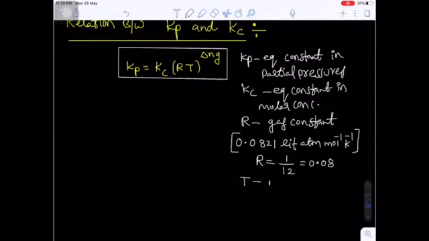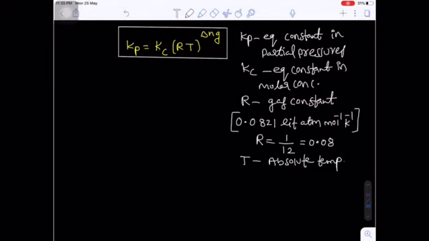Now what is the T? T is the absolute temperature. Now the important thing is the delta Ng.